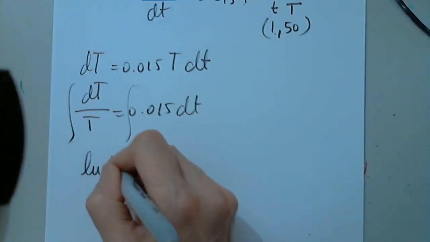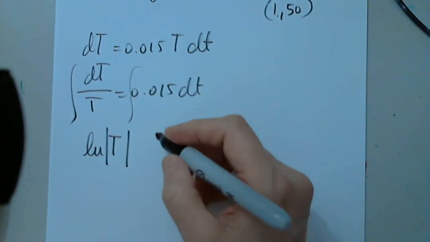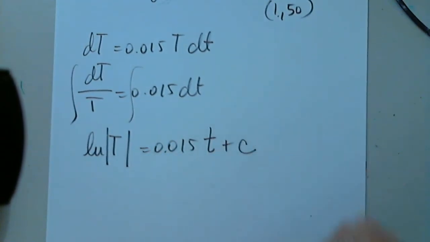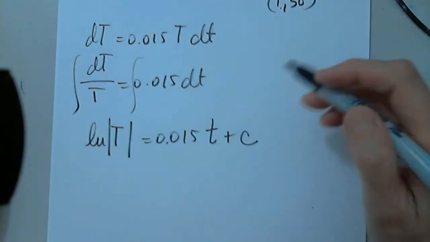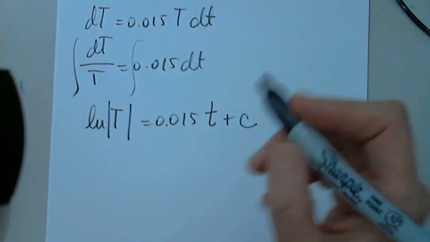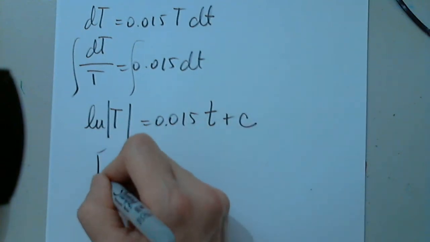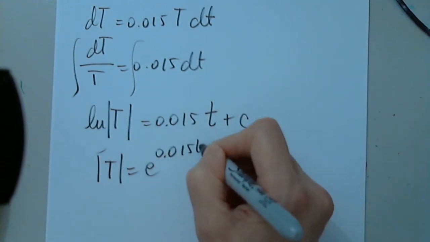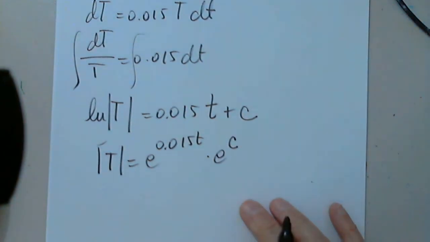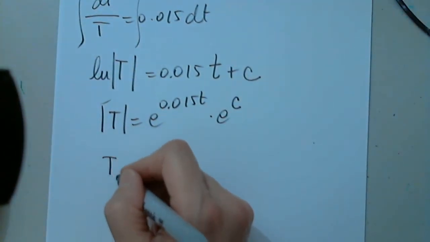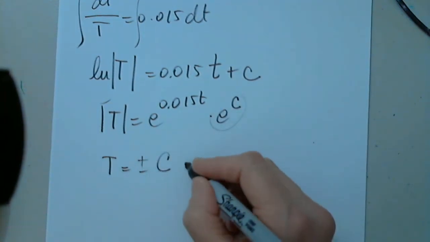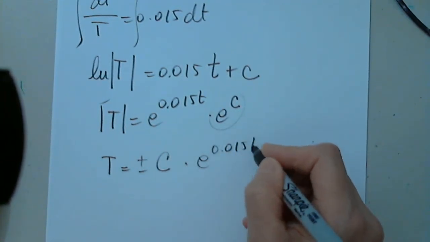I get natural log of the absolute value of T equals 0.015t plus a constant c. This is difficult. You should not use it, but anyway. So the same thing, e to this. So the absolute value of T equals e to this times e to c. And again, the absolute value of T will be plus or minus this constant times e to 0.015t.